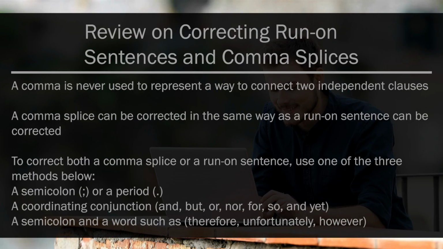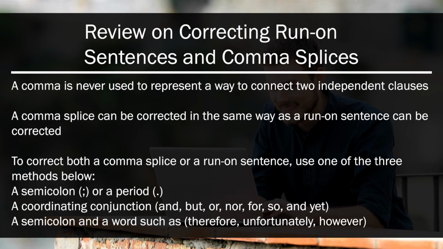So let's review correcting run-on sentences and comma splices. A comma splice is never used to represent a way to connect two independent clauses. A comma splice can be corrected in the same way as a run-on sentence can be corrected. To correct both a comma splice or a run-on sentence, use one of the 3 methods below.